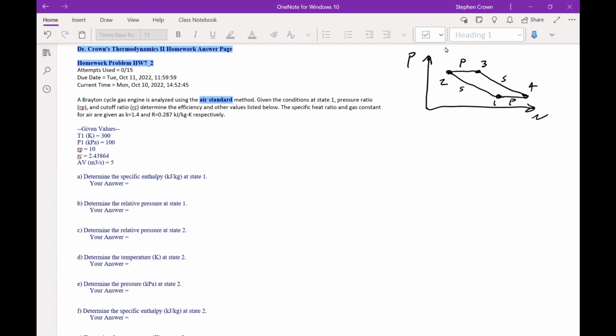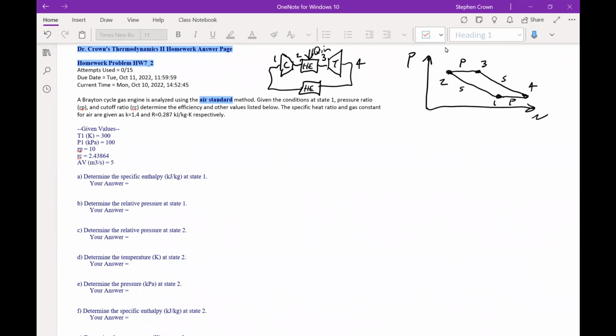And again, this is a compressor, heat exchanger, turbine, and then another heat exchanger. And states 1, 2, 3, and 4. And our Q in occurs here between 2 and 3.